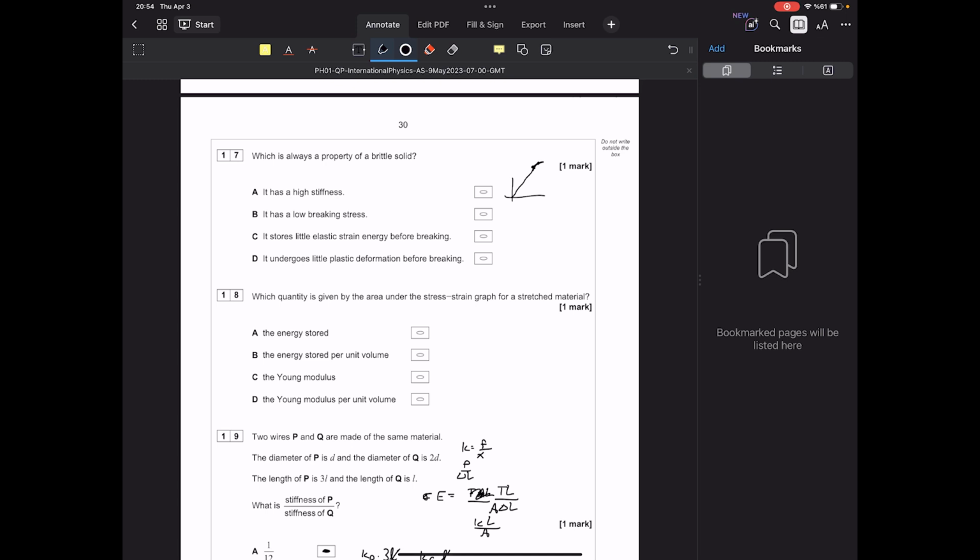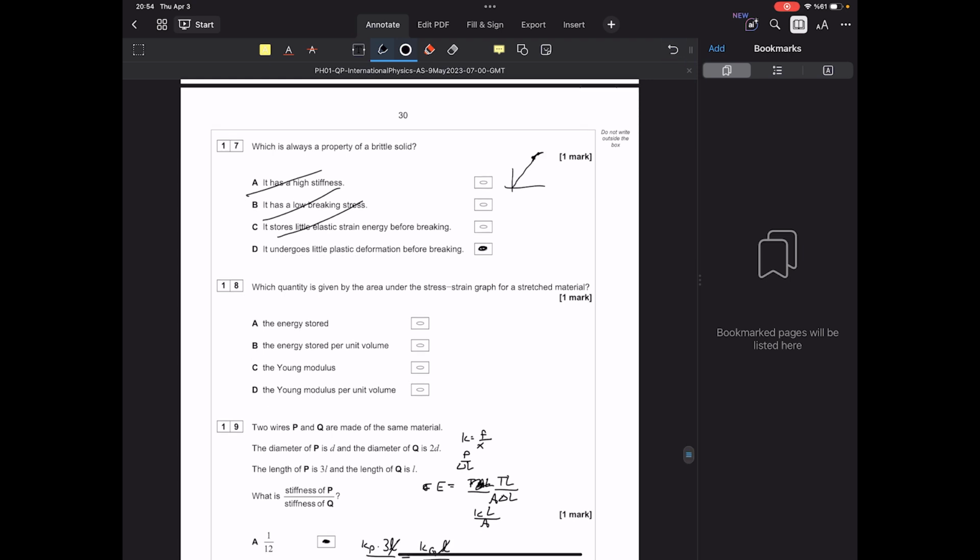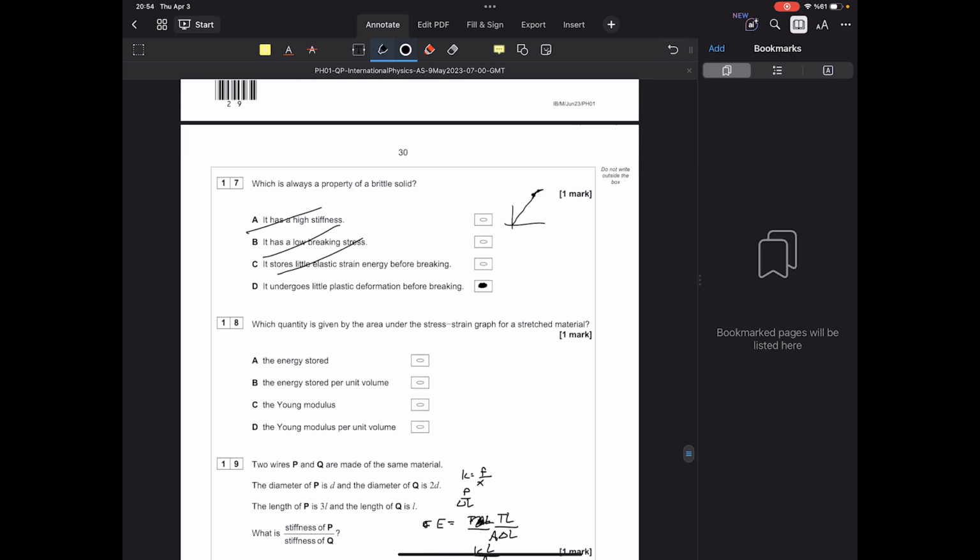This doesn't imply it has high stiffness, and it doesn't imply it has low breaking stress either. It could be really high, but still have that. It doesn't imply it has little elastic strain energy, but it does imply it undergoes little plastic deformation, because it can't go too far beyond the elastic limit, so it can't reach any yield point.